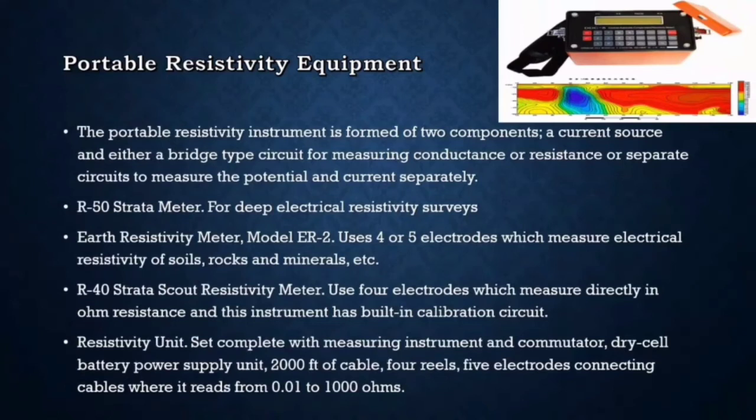R40 Stratoscout resistivity meter, used with electrodes which measure directly in ohm resistance, and this instrument has a built-in calibration circuit. Resistivity unit, set complete with measuring instrument and commutator, dry cell battery power supply unit, 2000 feet of cable, 4 reels, 5 electrodes and connecting cables, where it reads from 0.01 to 1000 ohms.